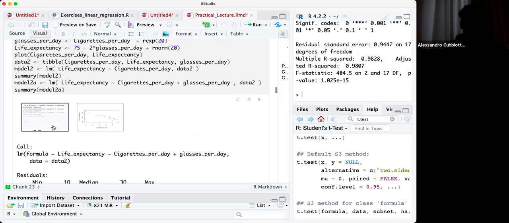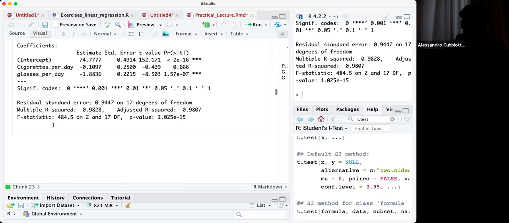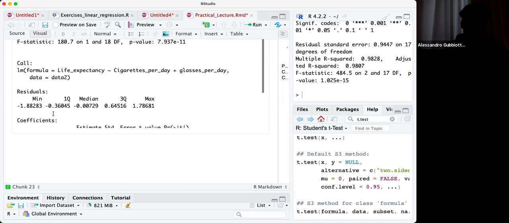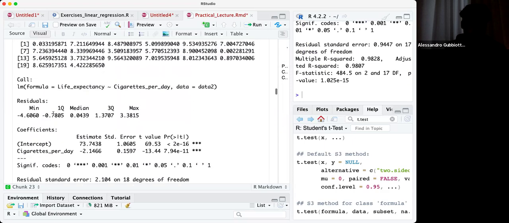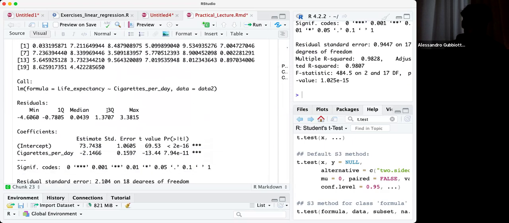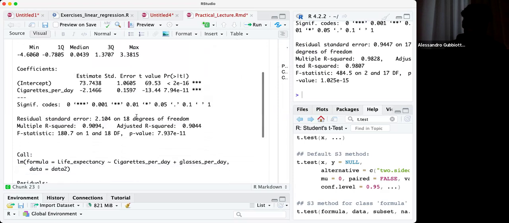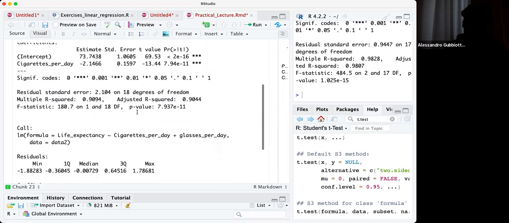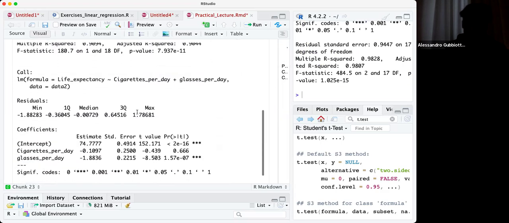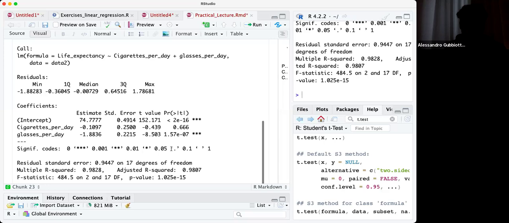So let me see. Now, this is the summary of the model without the glasses, and it is significant, but because we didn't take into account the confounding variable.